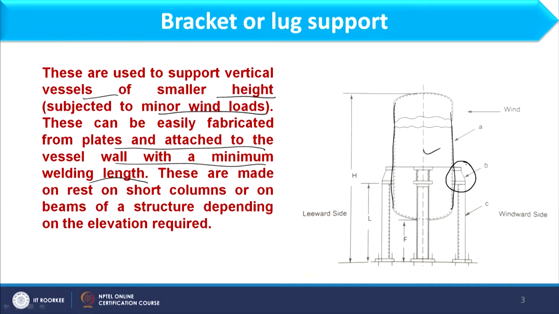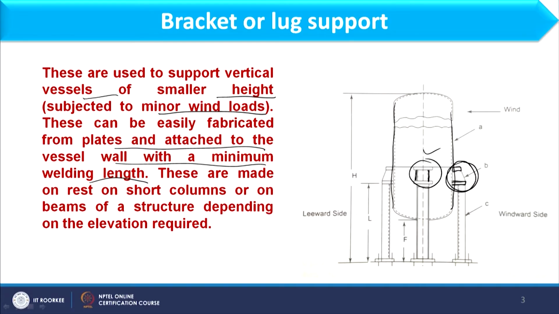Now, if you focus on this bracket, it has 2 plates horizontally placed like this, and 2 plates vertically placed, which we call gusset plates. So, these horizontal and vertical plates are welded to the shell, and it creates a bracket.